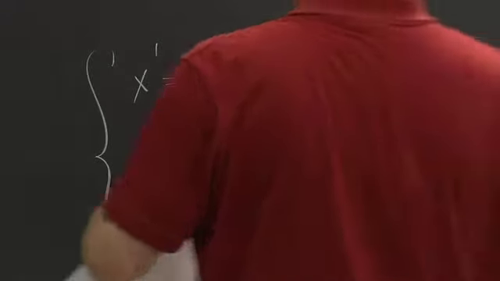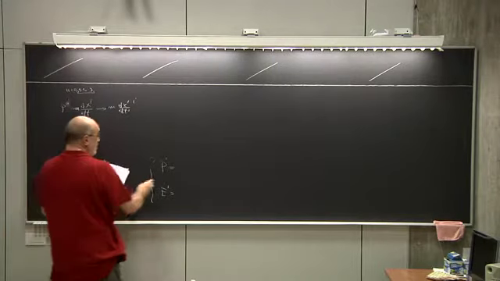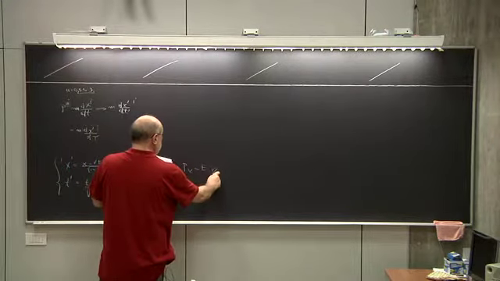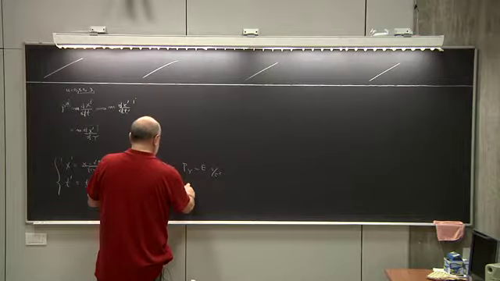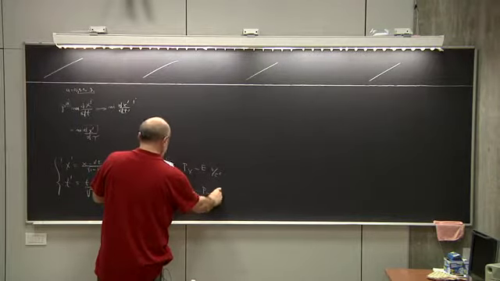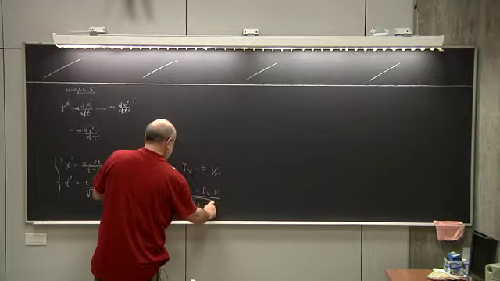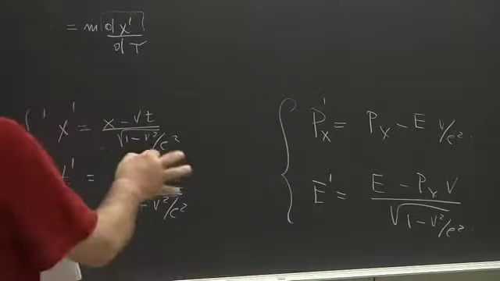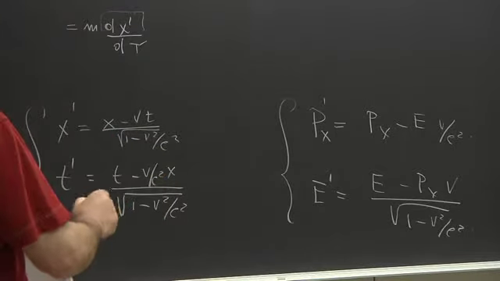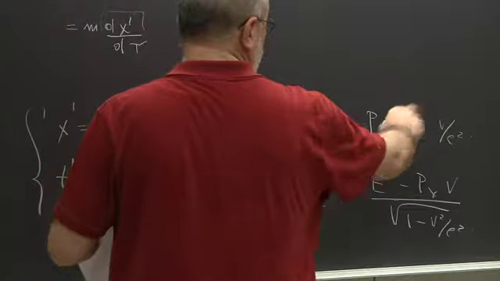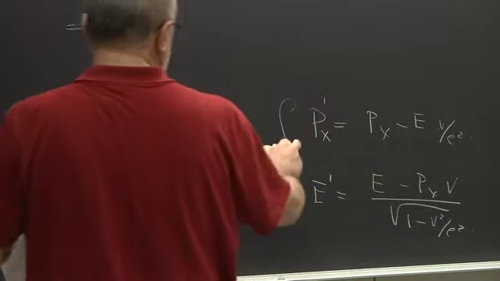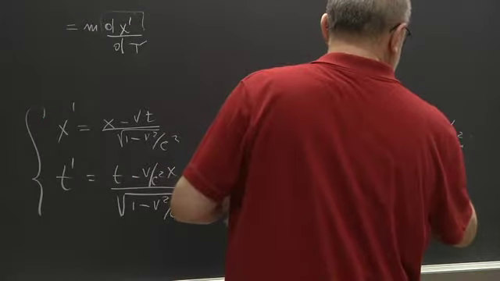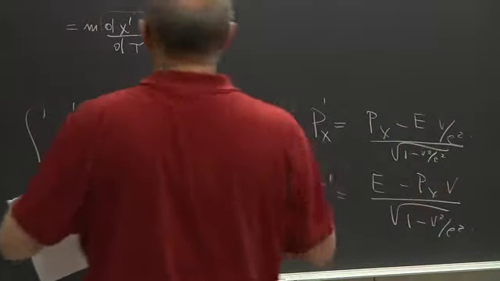Let's suppose we are just in one space dimension. Px' is equal to Px minus E v over c squared, divided by the square root of 1 minus v squared over c squared, and E' is E minus Px v, divided by the same factor. Both of them are now four-vectors, in the sense that, dividing properly by c, this quantity transforms in a manner very similar to this, and so on and so forth.